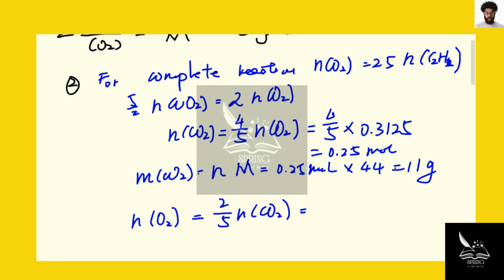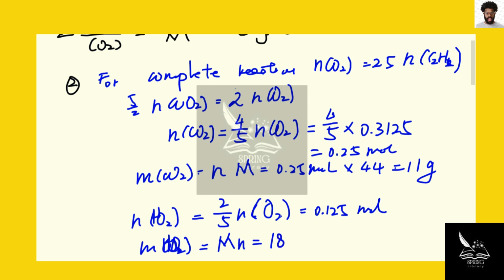So it equals 0.125 moles. And the mass of the water simply equals the molar mass times moles.